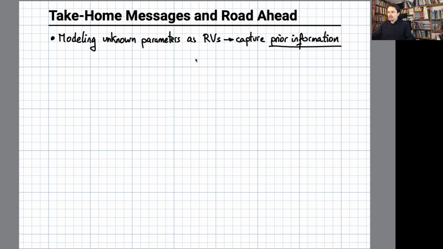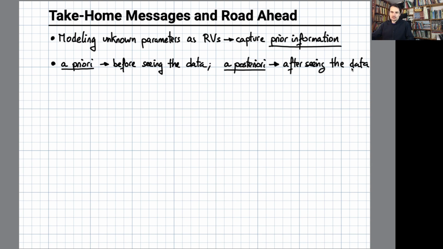Remember that the key here was to model the parameters to be estimated as random vectors, and capture the information that we have about them a priori by means of a prior distribution. So this was the key novelty, let's say, of Bayesian estimation.